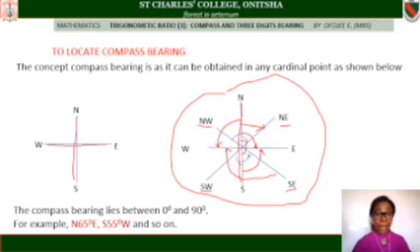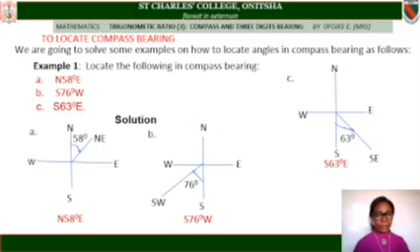You can as well have south 33 degrees west. But what I want you to understand is you cannot exceed 90 degrees. And when you are writing it, you know where the location is. It's either northeast, southeast, southwest, or northwest. Good. We want now to do it, and you will see how it's moving to locate compass bearing.